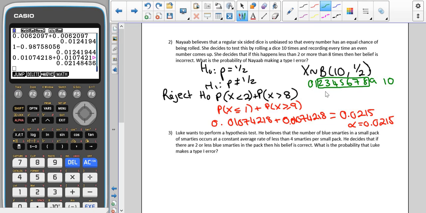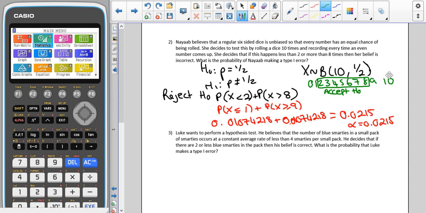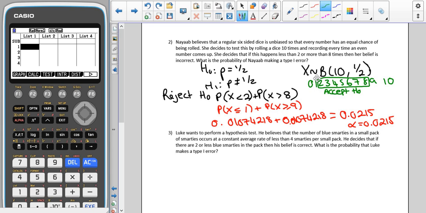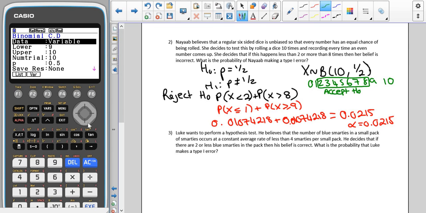So that bit there that I've just put in that box is my accept H0 region. Now, especially if you have the newer calculator, it's easier to find your accept H0 probability and take it off 1 to get your reject H0 probability. Again, it's up to you which one you want to do.